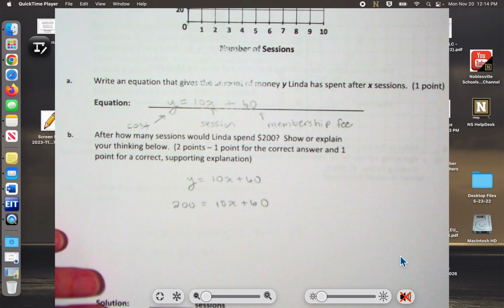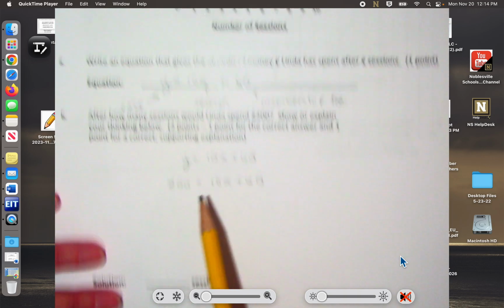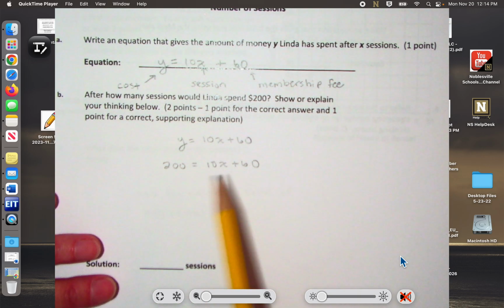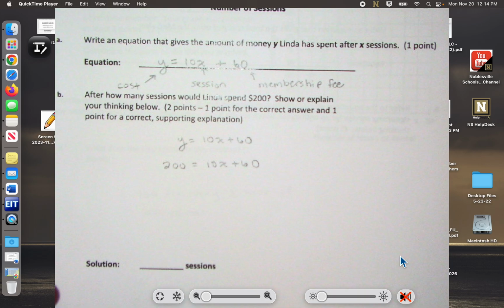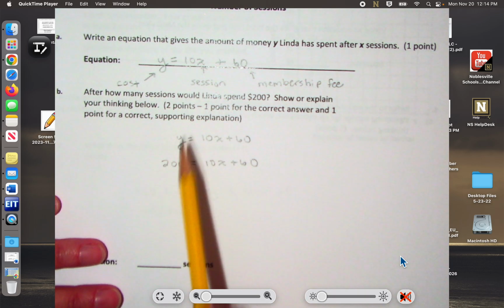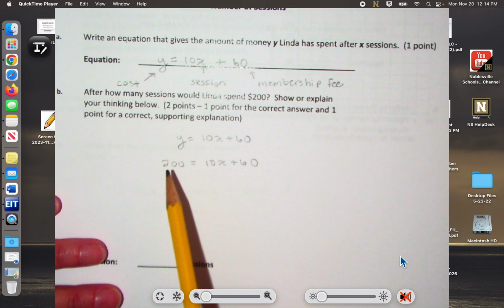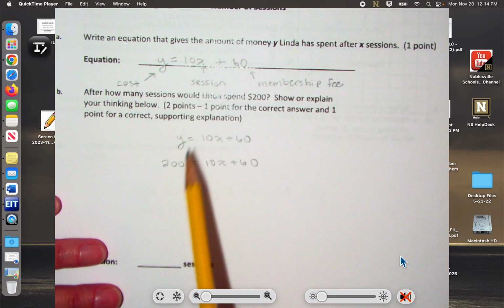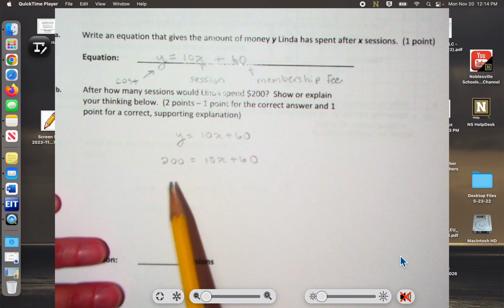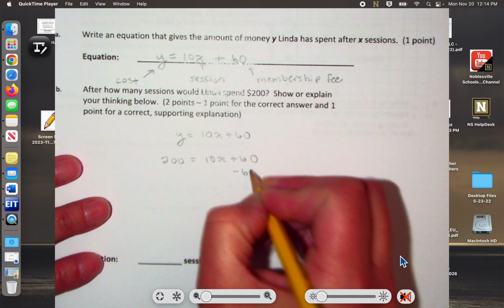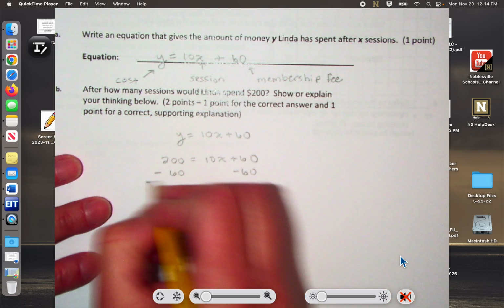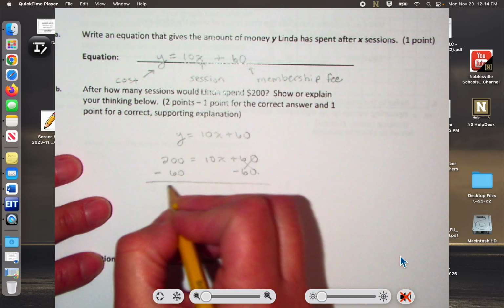So there's a lot of different ways you can get there. I'm going to use the equation we created, which is going to be the exact same math that Jace just described. I put the $200 where the cost is, because that's how much money she has to spend. And then I'm going to subtract the 60 from both sides, right? I have a two-stepper here.